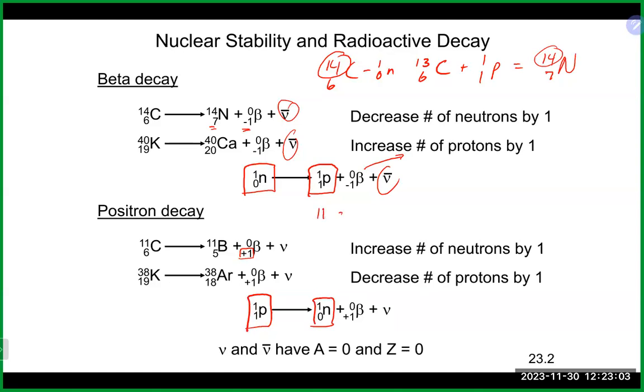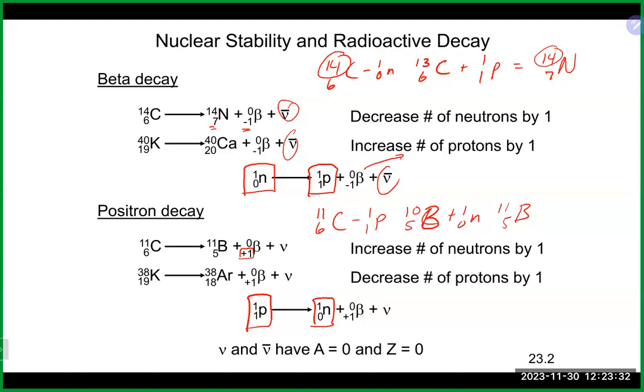If we look at the first one there, we ditch a proton, which means we take our mass number down to 10 and our atomic number down to 5. Obviously it will no longer be carbon, but it will now be boron. We then add a neutron, which takes us back up to 11 and 5, and we end up with our boron at the end.